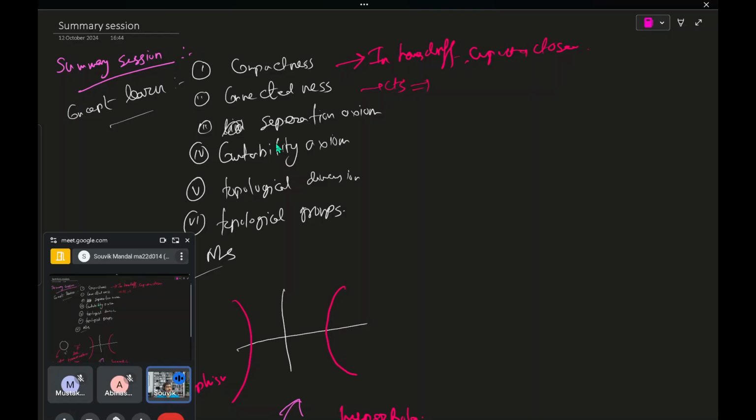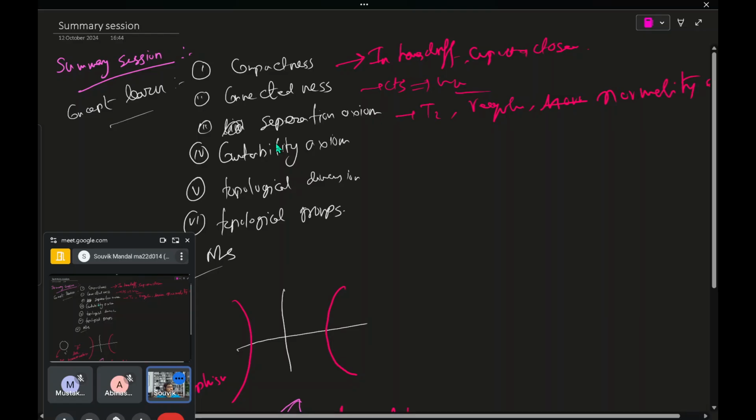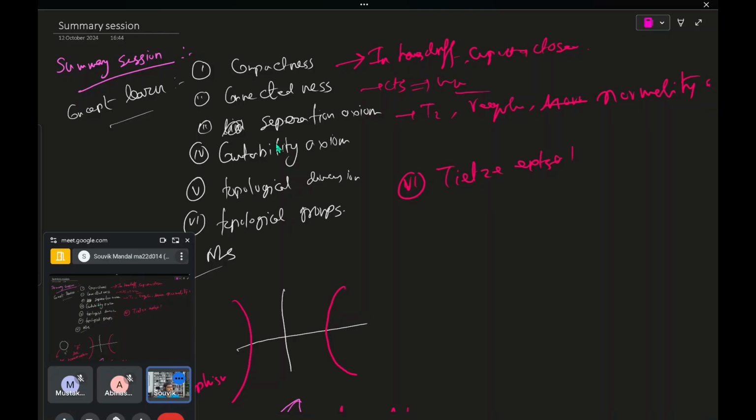Then separation axioms mean Hausdorffness, regularity, etc. We have also seen Tietze's extension theorem and Urysohn's lemma.